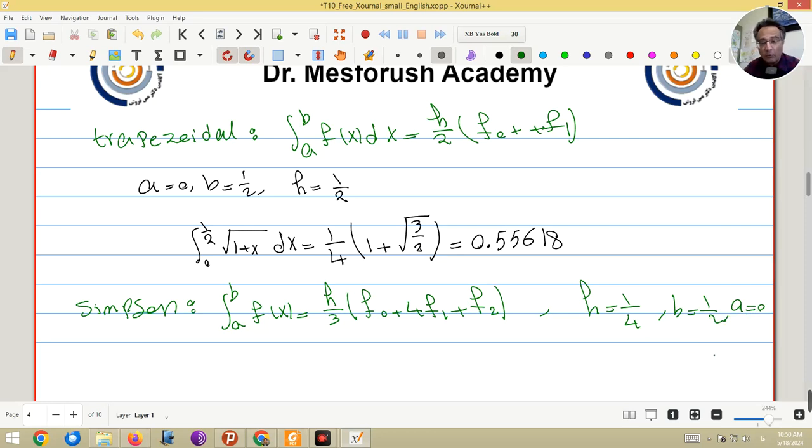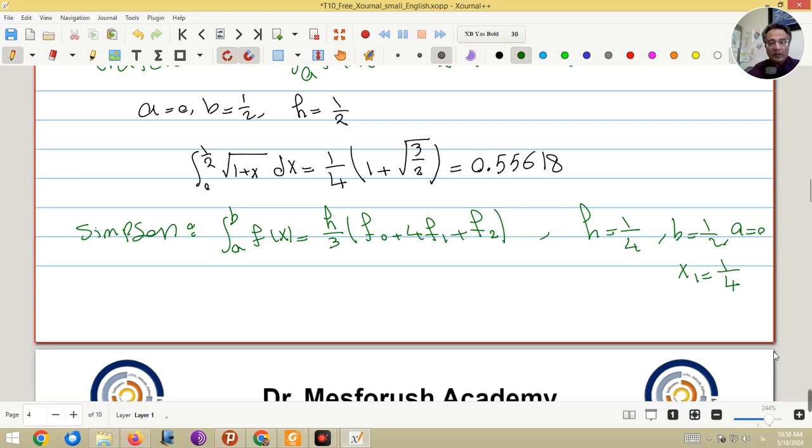So the middle point, x1, should be the point between 0 and 1/2, it is 1 over 4.